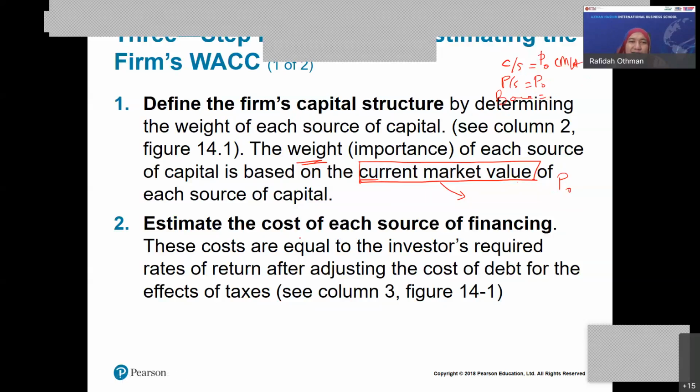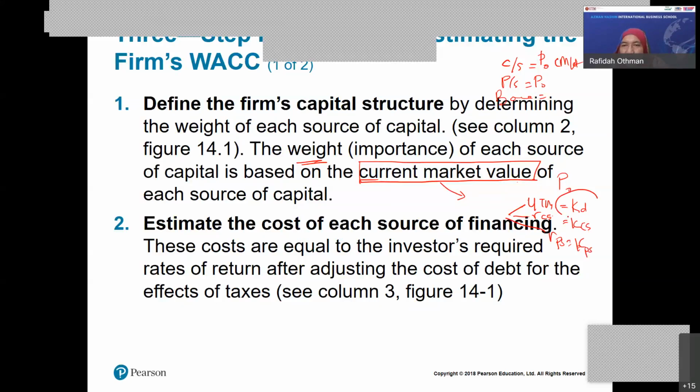Then estimate the cost of each source of financing. You have to find YTM, you have to find R for common stock, and R for preferred stock. These represent the K for debt, K for common stock, and K for preferred stock.